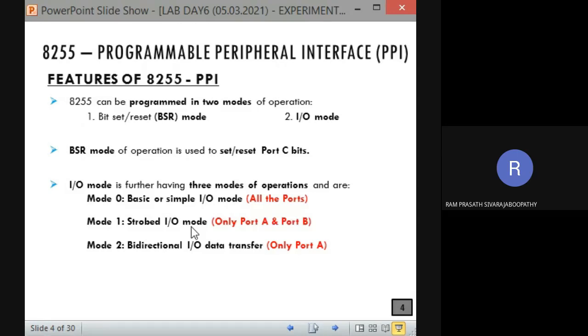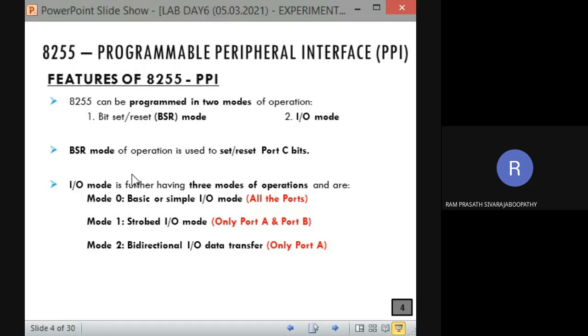That's all. Let me give a simple example. I will call upon your class representative and ask them to pass some information to all of you. That is like simple IO mode. I will give the data to your class representative, and I won't bother whether it reached the output device or not.